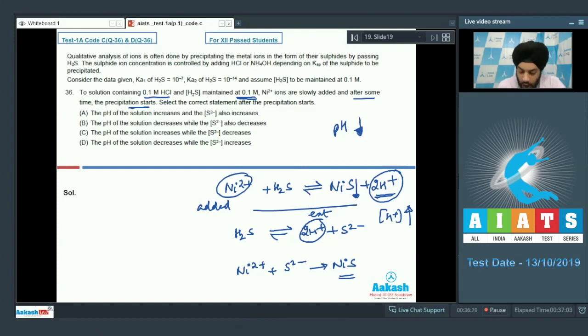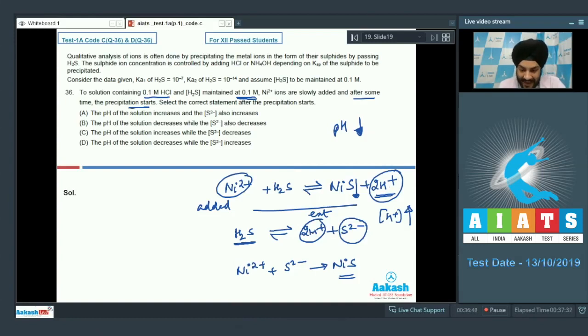And if we talk about the sulfide ion concentration, students, as the H+ ion concentration will increase and the concentration of H2S is kept constant, the sulfide ion concentration has to decrease. So as Ni2+ is added, this reaction will shift in the forward direction, which will lead to the formation of more H+ ions. As a result, the pH of the solution will decrease.